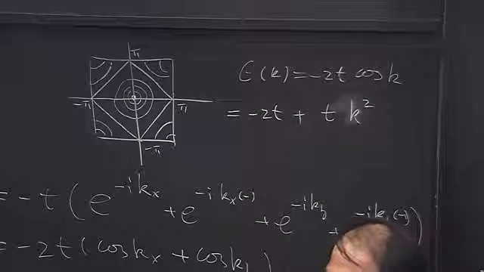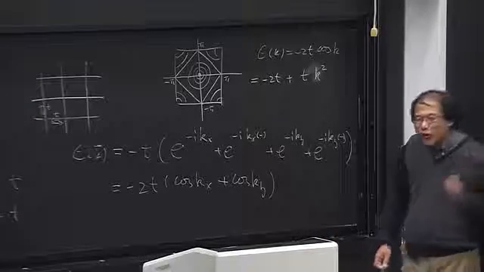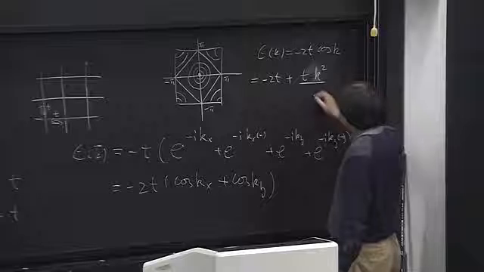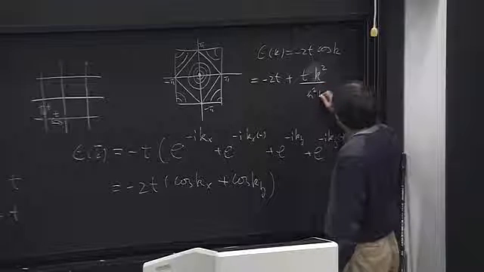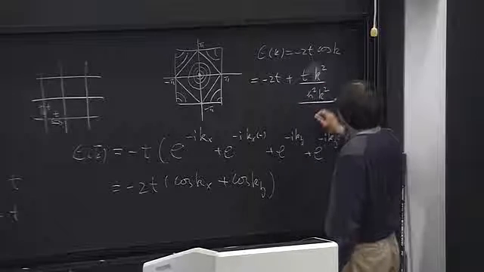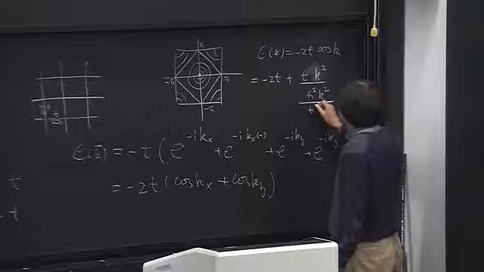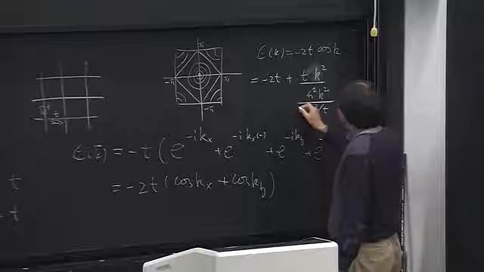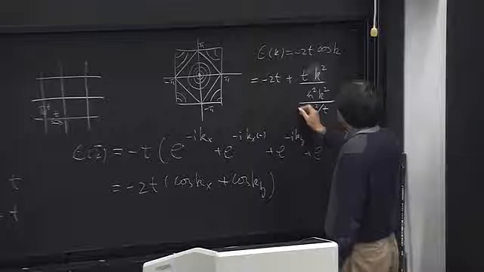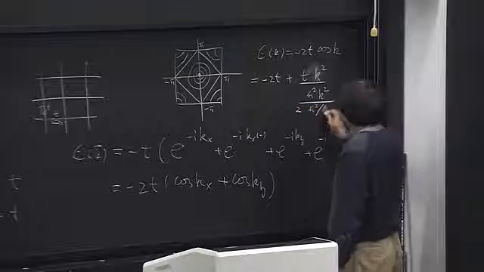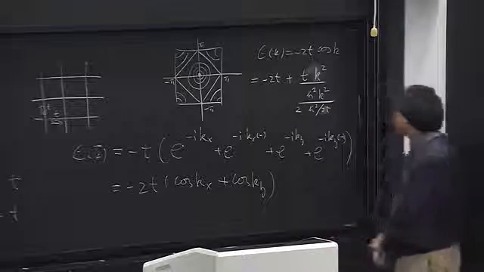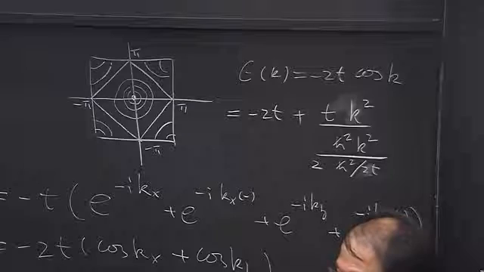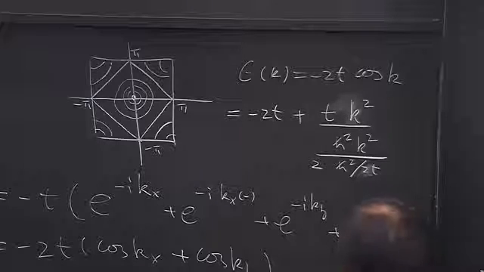So, just the expansion. Here, I want to rewrite this term. It can be written as ħ²k² divided by 2t, with ħ² downstairs. Why do I do this?